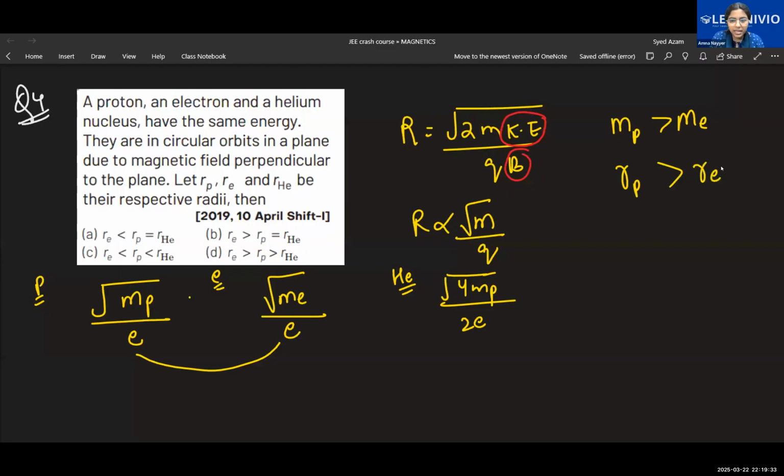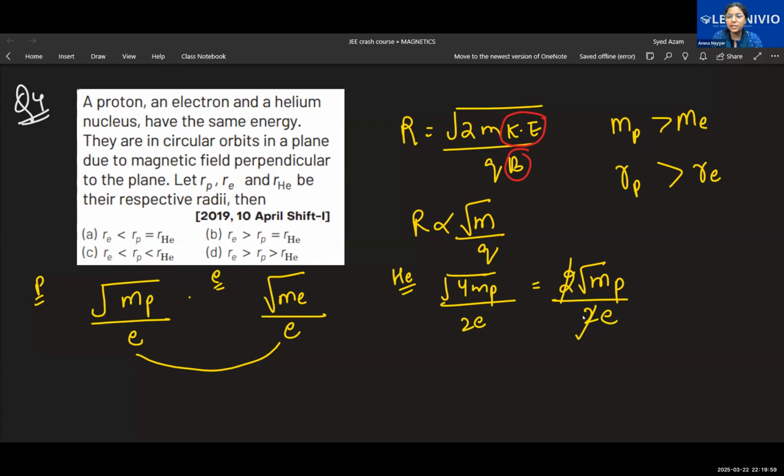But if you compare this ratio, this is 2e. See, this is increasing with the same amount. 4 times the mass, which is becoming 2 root MP only. This is becoming 2 root MP divided by 2e. 2 getting cancelled. Aren't we getting the same answer?